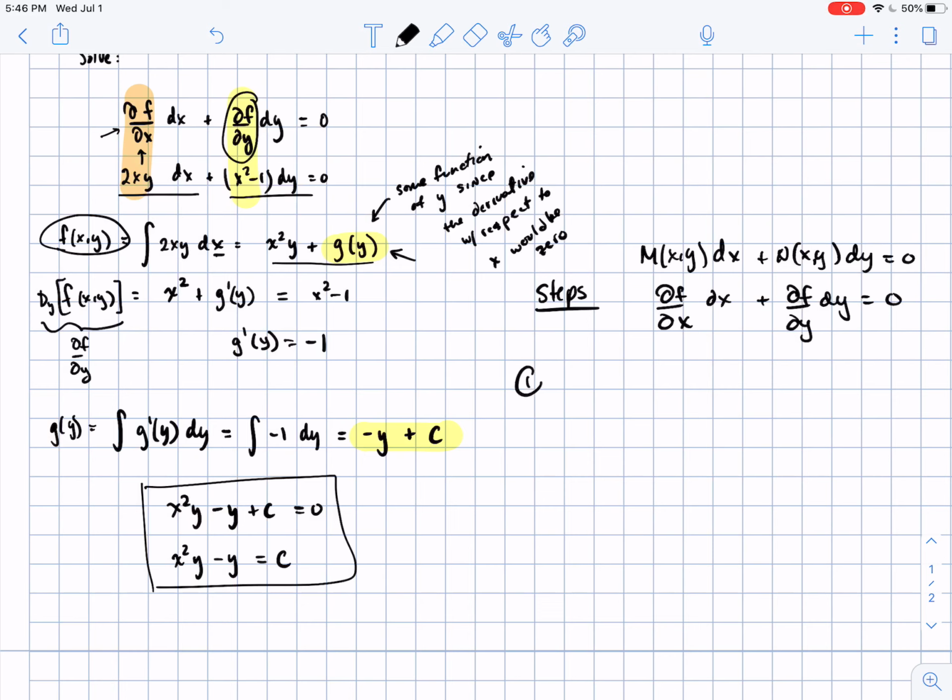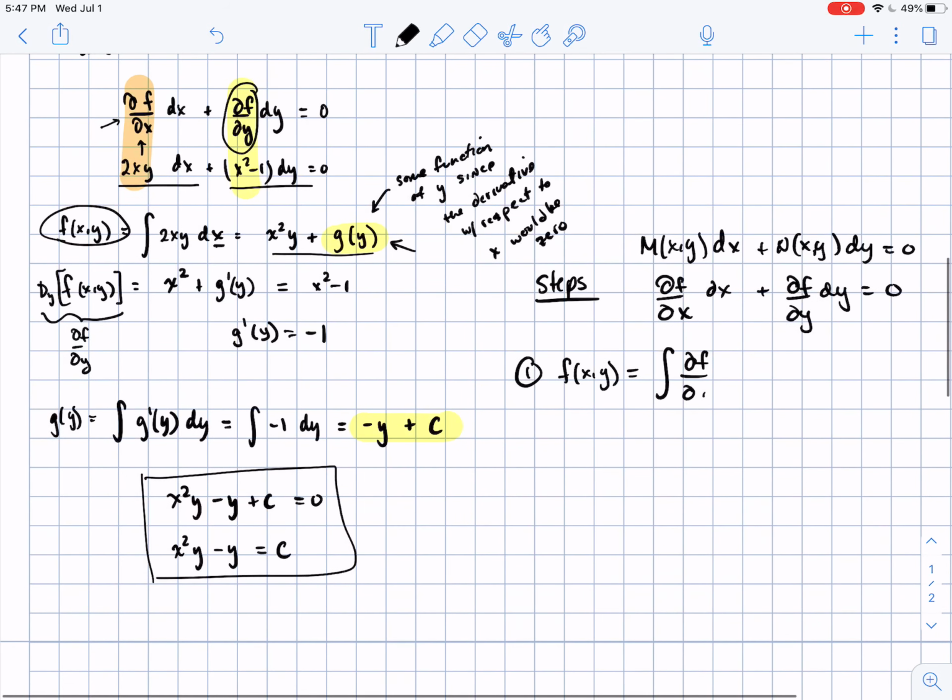So the first step is, you're going to have this function equal to the integral of whichever one. If I'm picking x, I'm just going to go with that. If you pick the y one, it's okay. So you're doing that integral of that partial with respect to x.